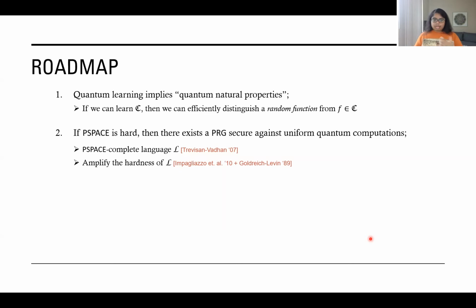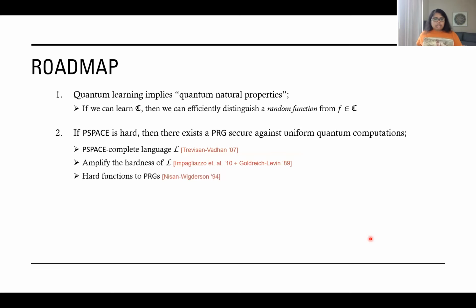So to amplify the hardness, you use the idea by Impagliazzo et al., and you use the Goldreich-Levin theorem to get some hardcore bit conditions out of it. And the first of these comes from ideas from local list decoding and coding theory and things along those lines.